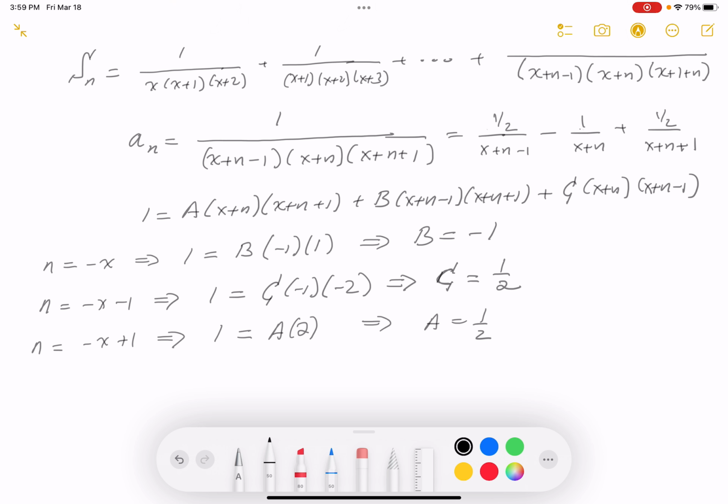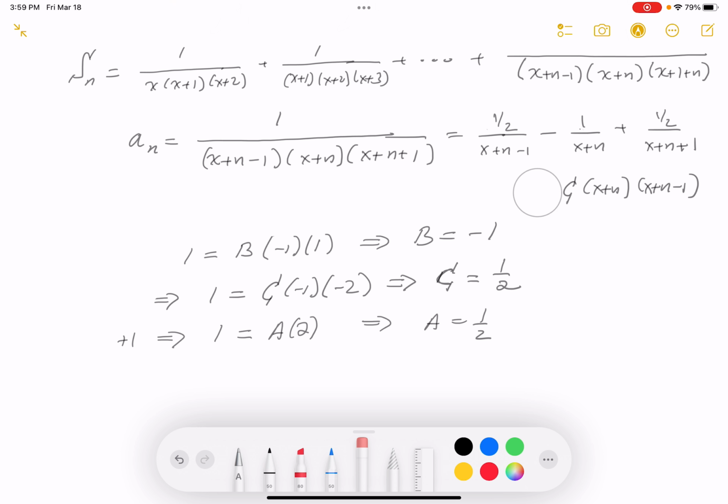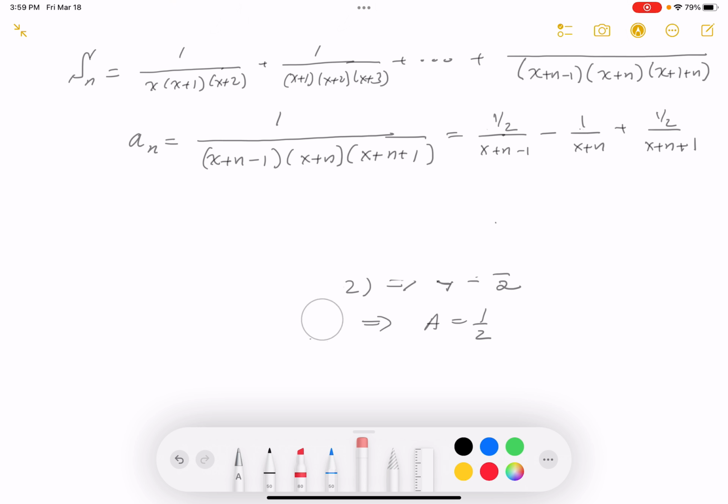All right, let me erase my work. I think I'm comfortable with that. I'm going to write it a little differently, though. I'm going to factor out 1/2.